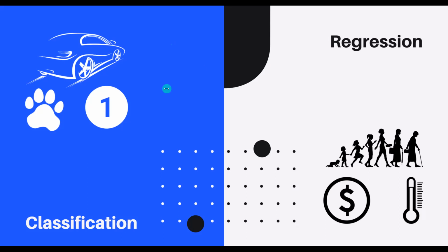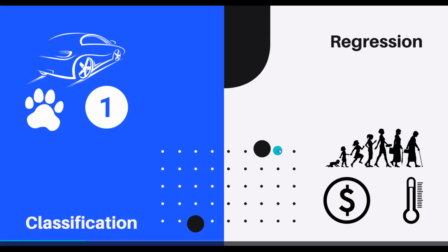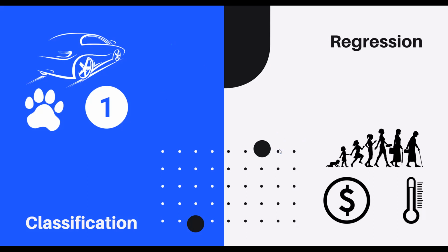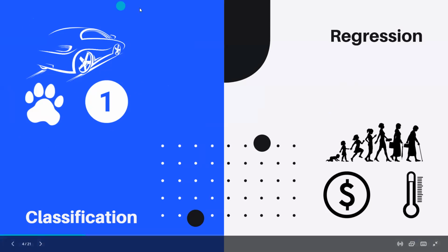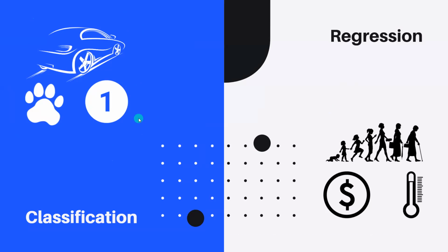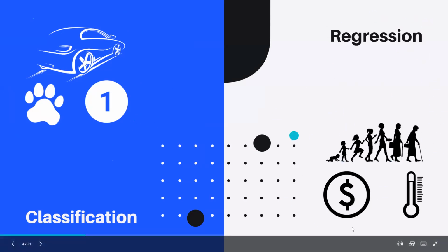Can you please type it? Anybody else want to answer? Go ahead, Sergey. I think the main difference between the two is that classification is about trying to predict that some object belongs to a certain class, and regression is more about predicting some continuous value.